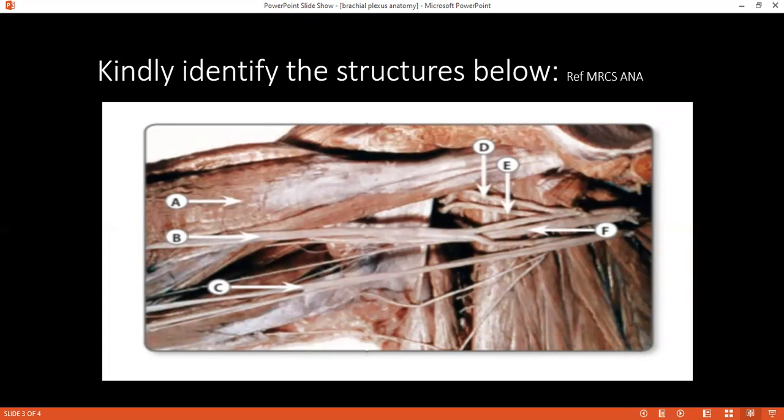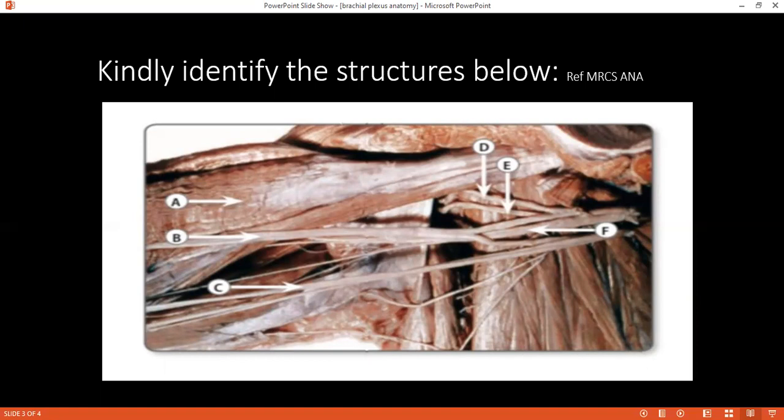They exit from where? Can you tell me the whole pathway, please? Roots are located in the posterior triangle between the scalenus anterior and medius. From there they exit from foramina. Which foramina?